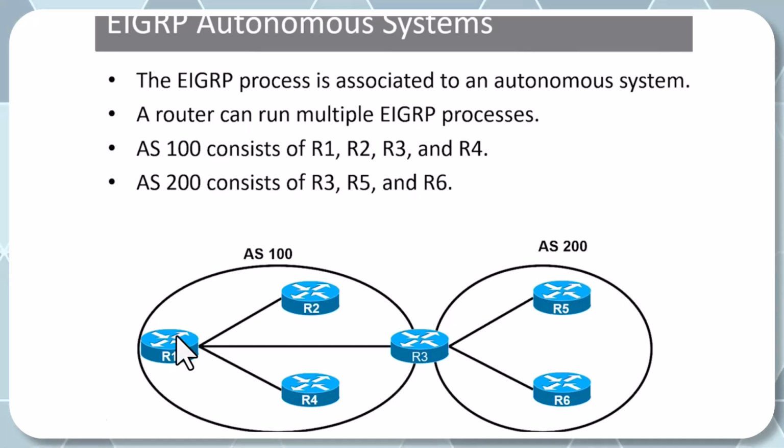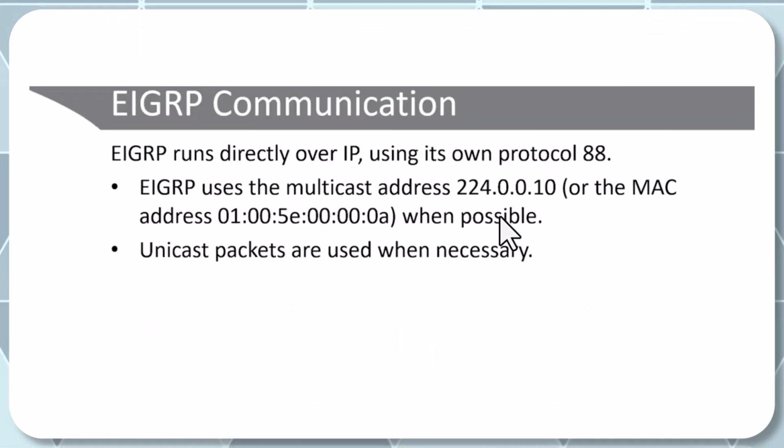Here we have R1, R2, R3, and R4. Here we have R5 and R6. By default, from AS 100 to AS 200, the routes will not be exchanged. So we need to do some redistribution. We'll discuss that in our advanced topics.